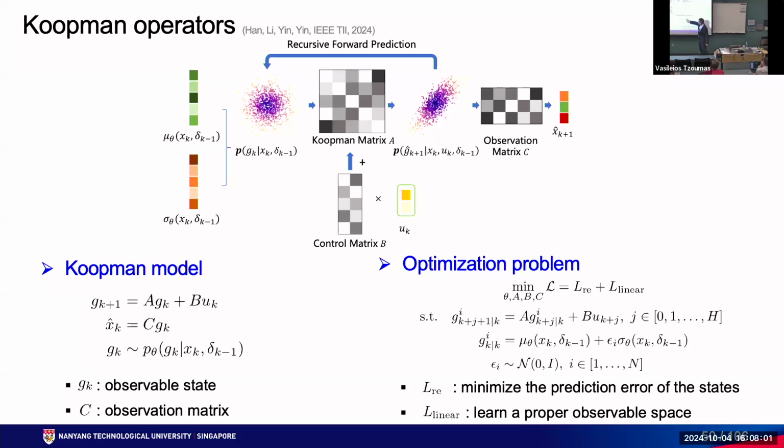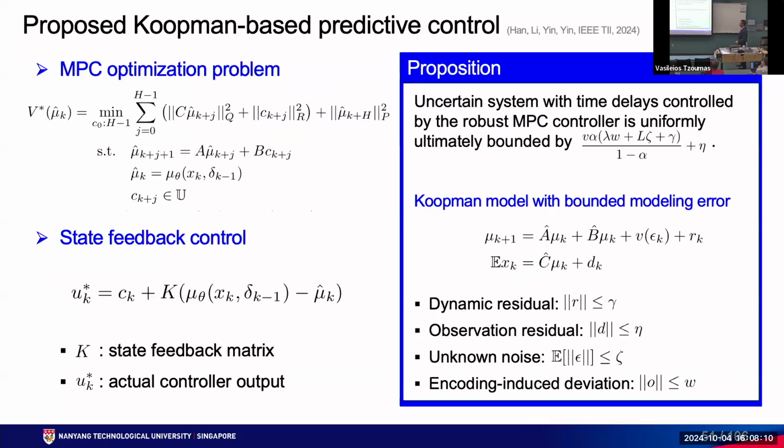Theta is the parameter of the neural networks, and A, B, C are the Koopman matrices. Sometimes this may be reduced to theta, A, and B. The design of MPC will be straightforward once we have the model. We can leverage linear robust MPC design and linear tube MPC design, proposed by University of Michigan researchers.